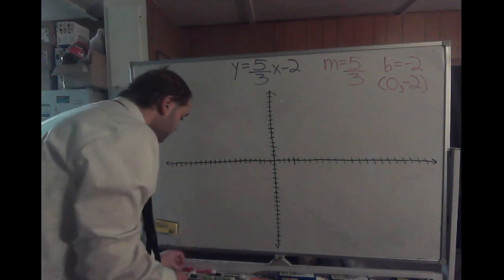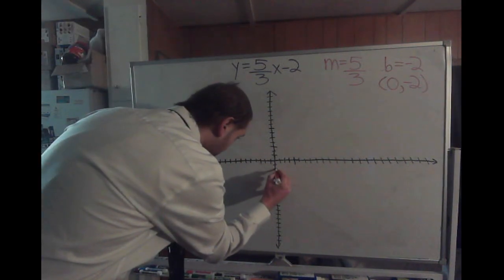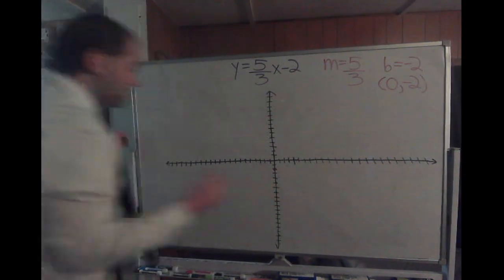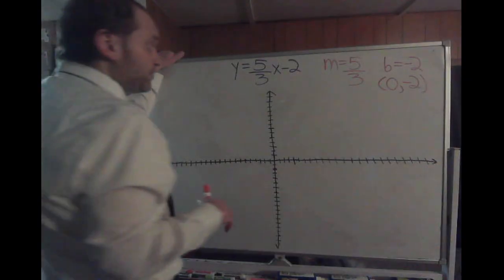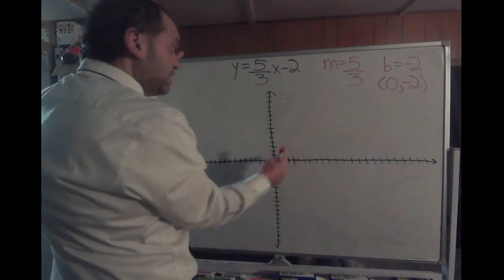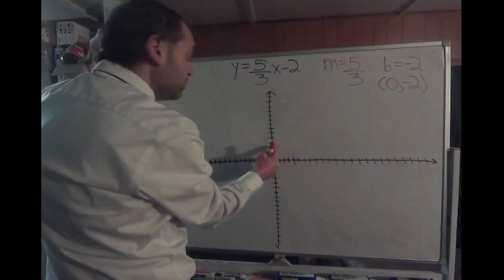All right, so now that you know both of those, plot your y-intercept first, which would be at 0, -2. Now, using the slope, find a second point. So from 0, -2, if we go up 5 units, because it's rise over run, that's going to put you at 0, 3.